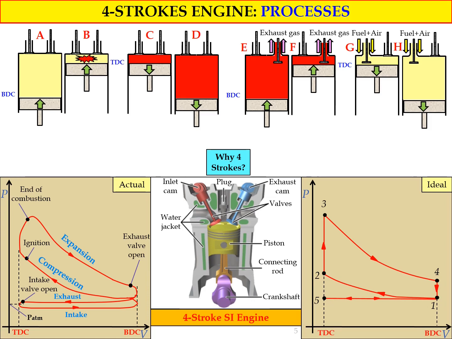Okay, so this PV diagram we already simplified, so we get this kind of shape for the thermodynamic cycle for the ideal 4-stroke engine cycle.